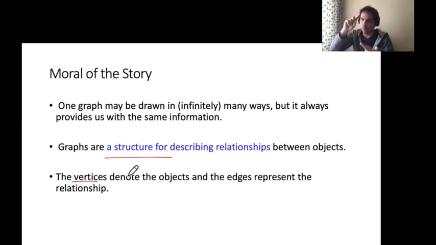It could be friendship, it could be that I'm liking photos of another one, or it could be that we are, for example, in the same module, in the same class. You can think about so many different relationships, and that's the kind of thing that we want to represent with a graph database. It's not the only thing, but there are different situations that we can represent in a graph database.